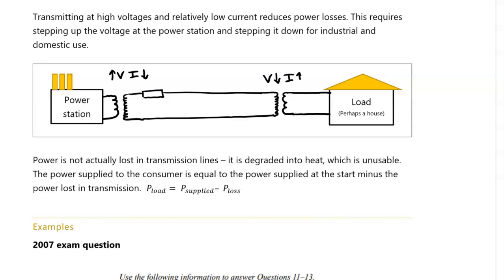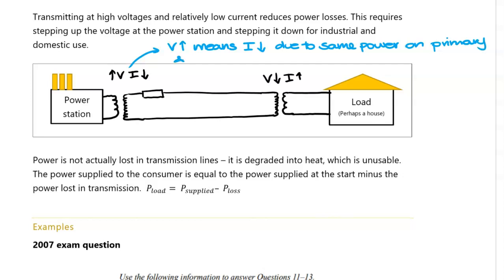So why did we do this? Increasing voltage means current is decreased due to same power, primary and secondary transformer. Why was that useful?